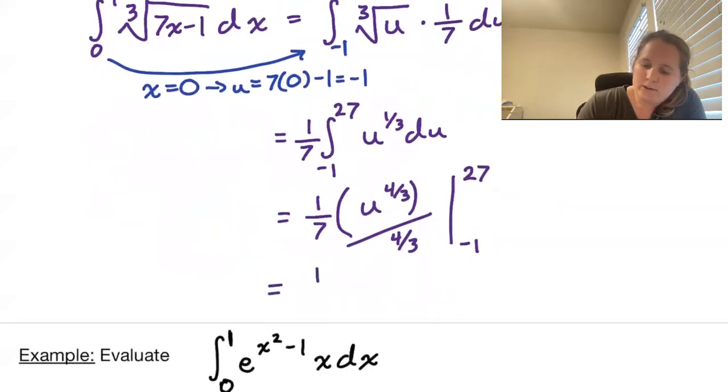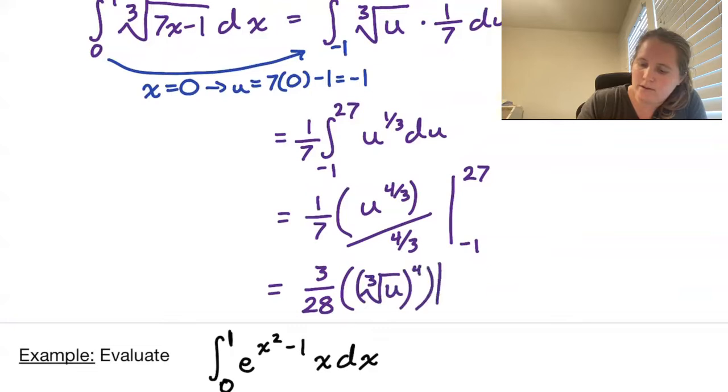Or 1/7 times 3/4, otherwise known as 3/28 of u to the 4/3. We're looking at the cubed root of u, and then that raised to the 4th, evaluated from -1 to 27.